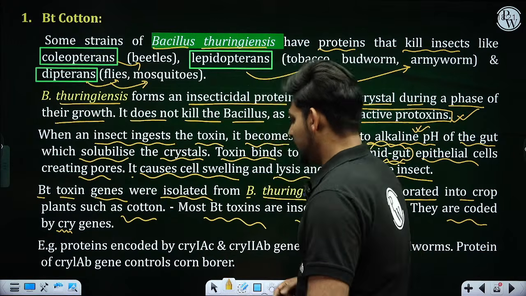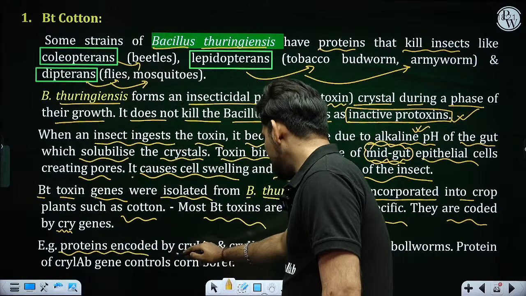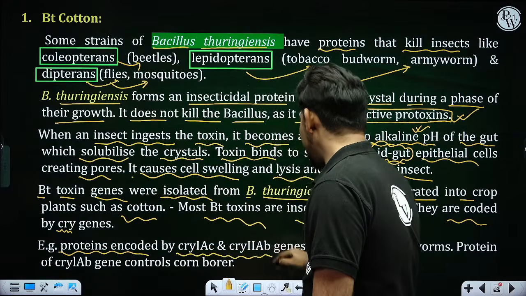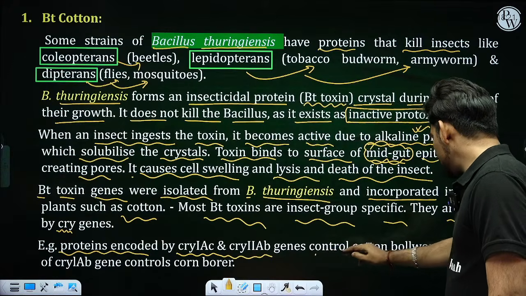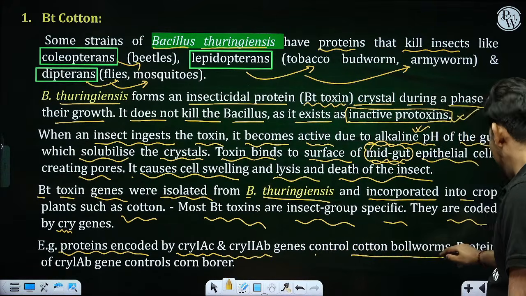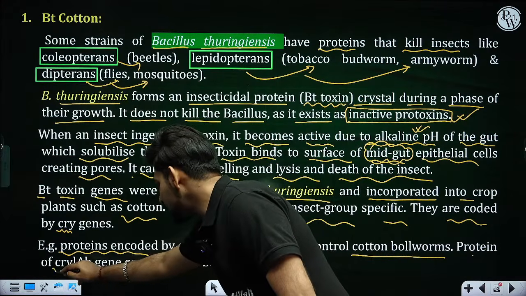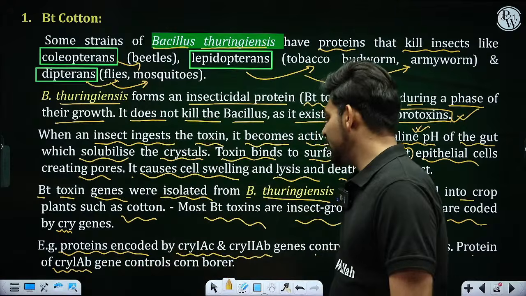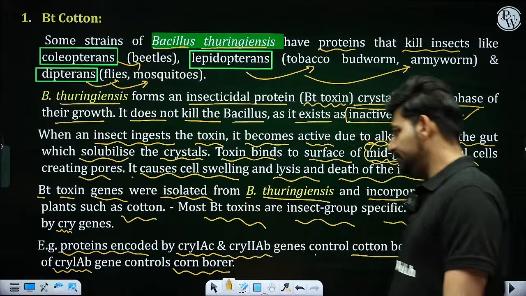Okay. Now proteins encoded by cry1AC and cry2AB, these genes will be controlling cotton bollworms, and protein that is coded by cry1AB will be controlling corn borer.